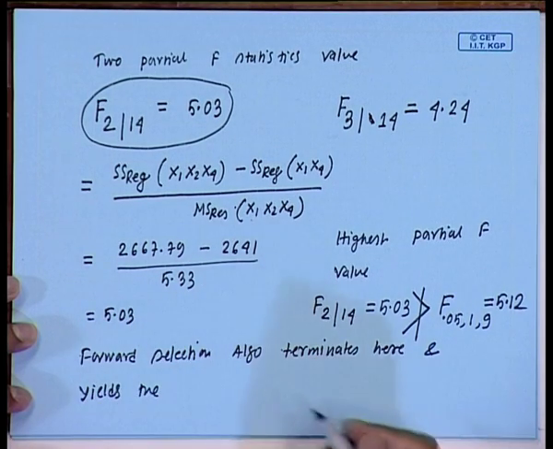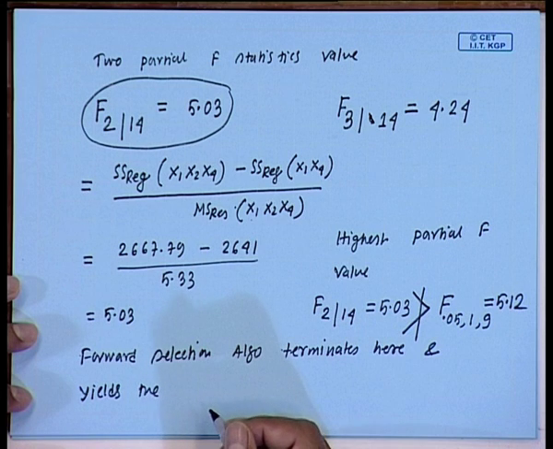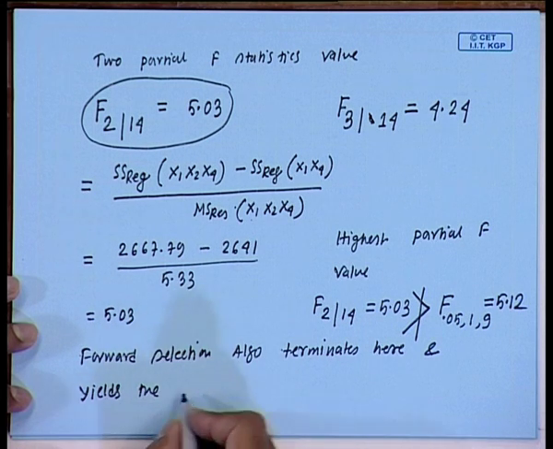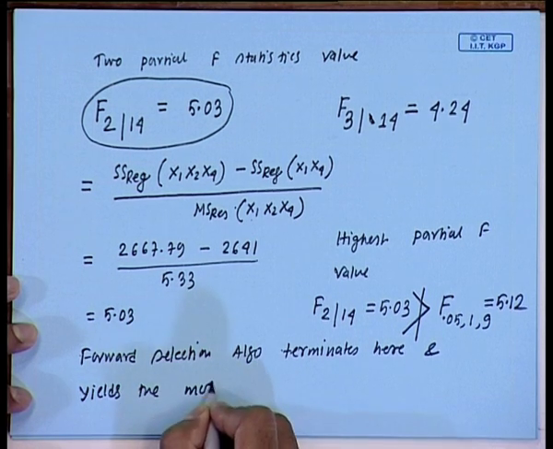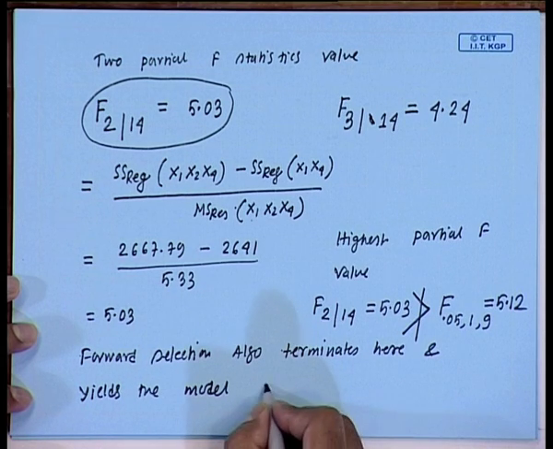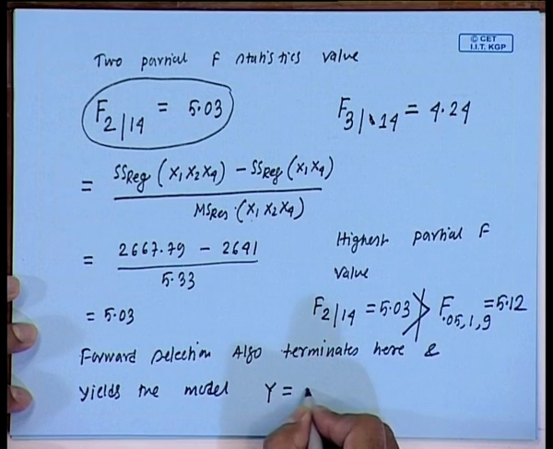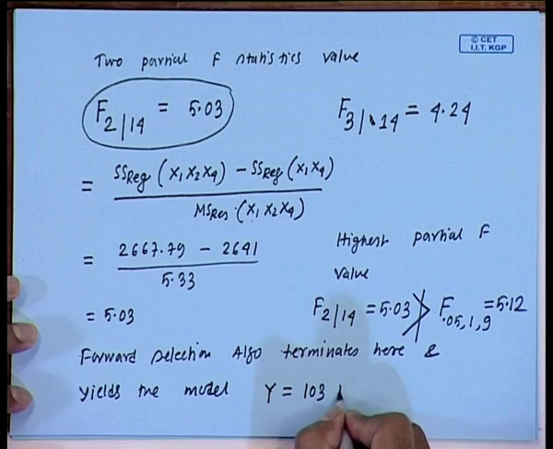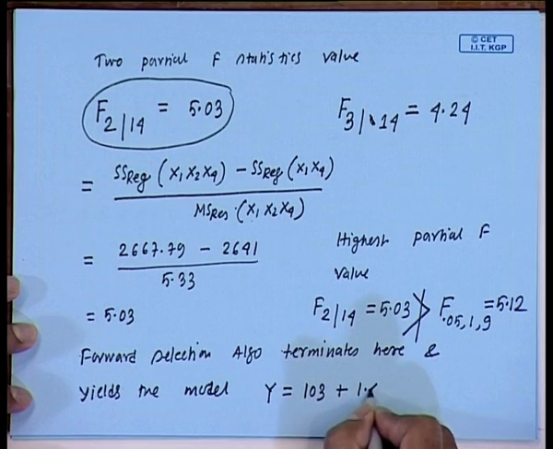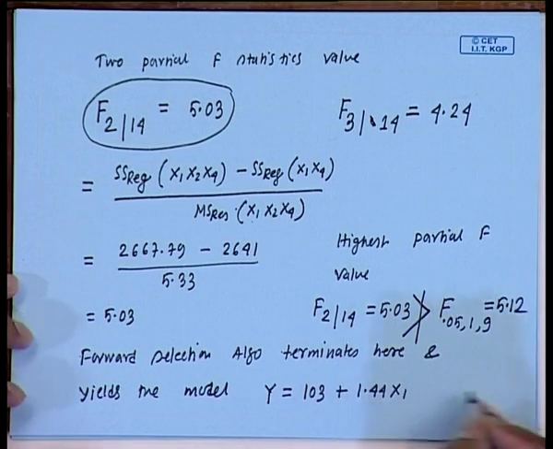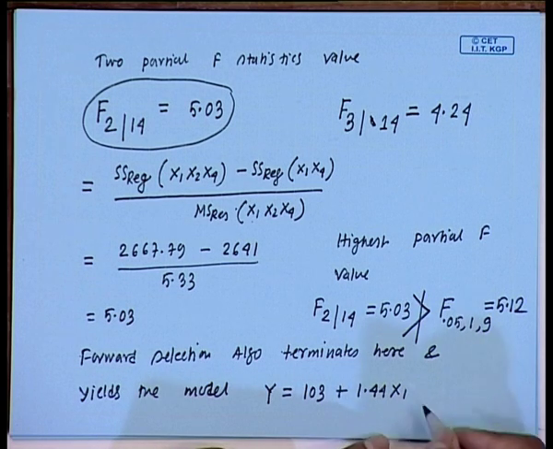So, the output of the forward selection algorithm is y equal to 103 plus 1.44 x1 and so on. I am giving the fitted model.